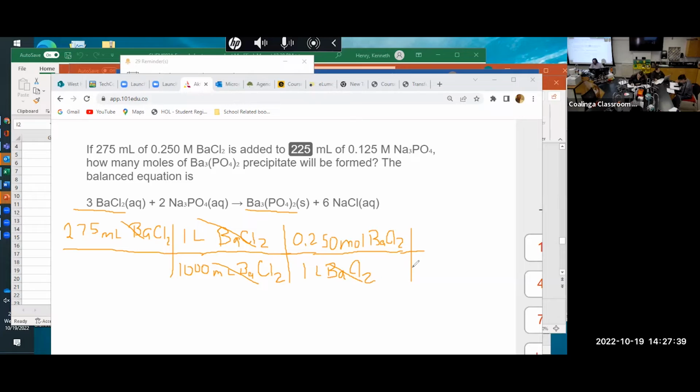Right? So for every 1 mole of barium phosphate, we're going to need 3 moles of barium chloride.